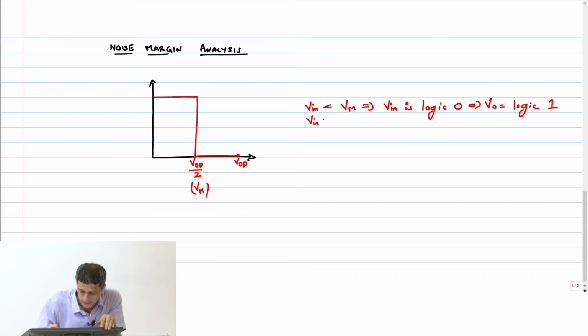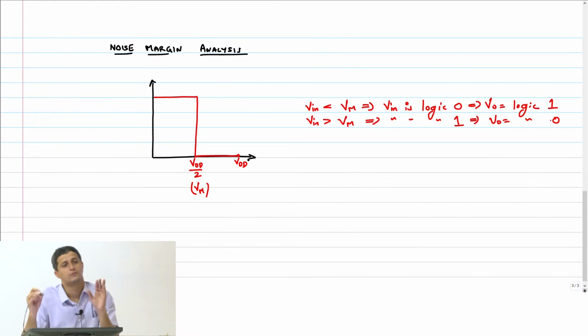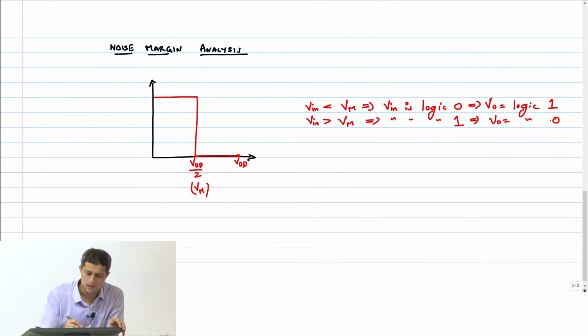If Vin is greater than Vm, it implies Vin is logic 1 and this implies Vout is logic 0. No problem here in the ideal case, okay.